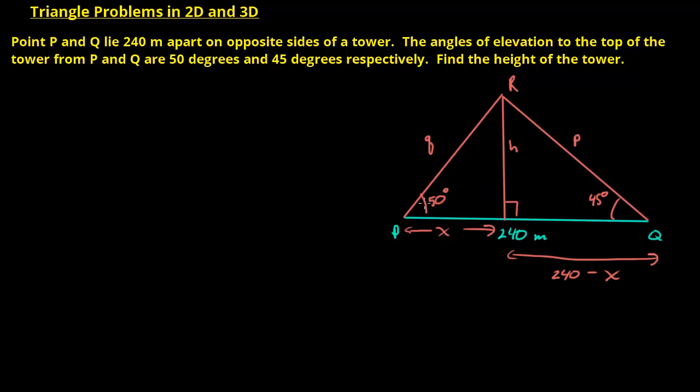So I have tan of 50 equal to h over x, and tan of 45 equal to h over 240 minus x. That would give me two equations with two unknowns, and then I could use substitution to solve that system of equations. Now, that's definitely not the fastest way to do this question, I don't think.